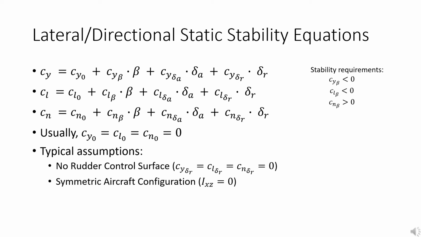A lot of flying wings do not have a rudder control surface, so the last term is usually either removed or replaced by other control effectors. Some aircraft use differential thrust or split rudders, also called speed brakes, placed on the tips of the wings to help control side slip and yaw moments. Another typical design choice to simplify some things is the symmetric aircraft configuration.